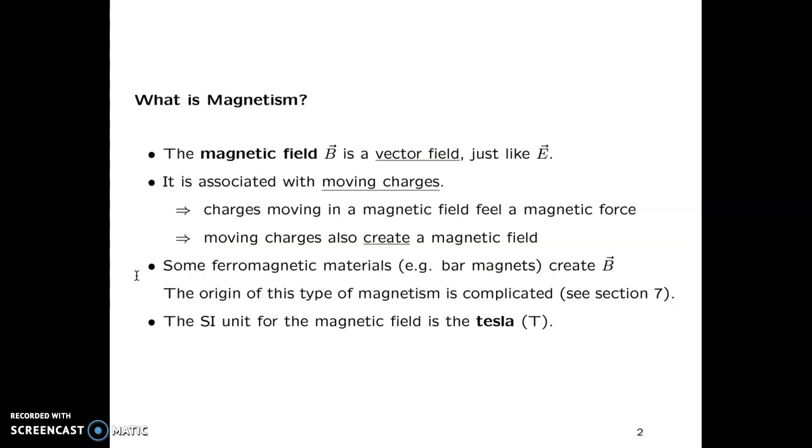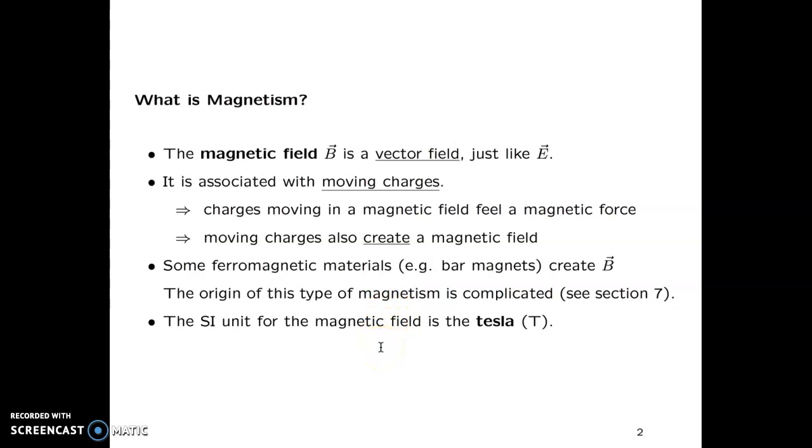Even though it's the more familiar kind of magnetism, it's kind of complicated. And if you're curious, you can take a look in section 7, but we're not actually going to cover that in the course. Okay, we're going to cover a simpler form of magnetism that does not involve this kind of ferromagnetism.